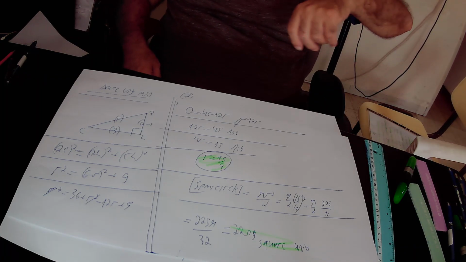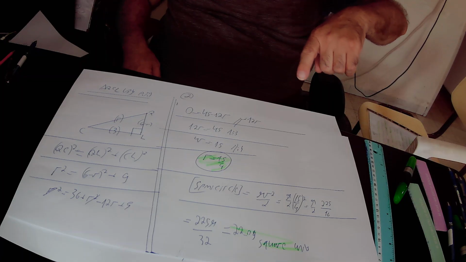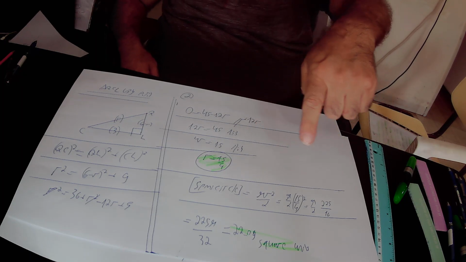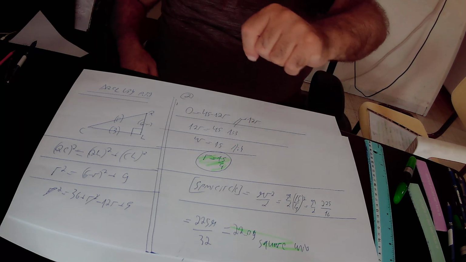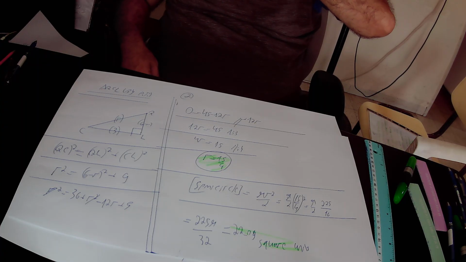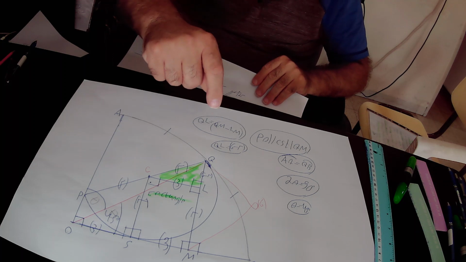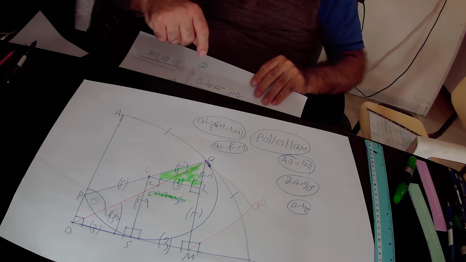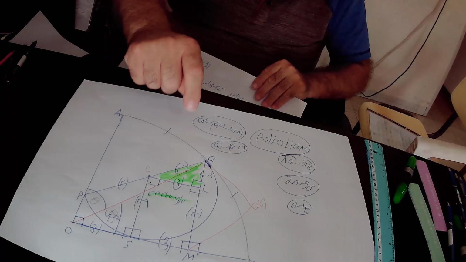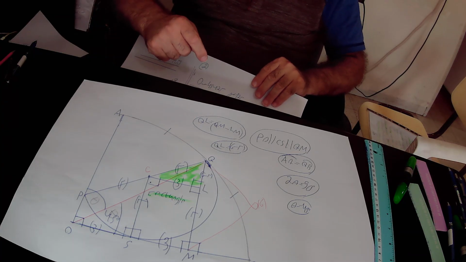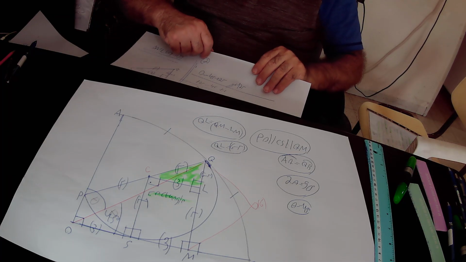So in total, the area of the semicircle equals 225 pi over 16 times 2, that is 32. So the area of the semicircle equals 225 pi over 32 square units, or in numbers, about 22.09 square units.